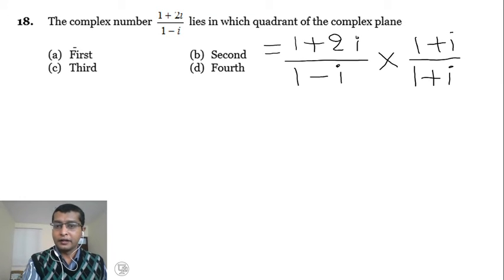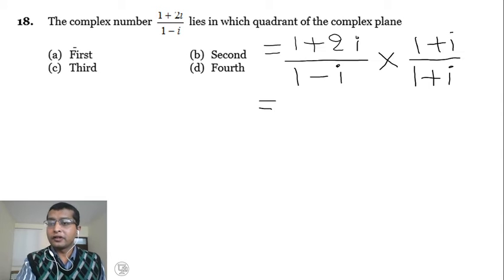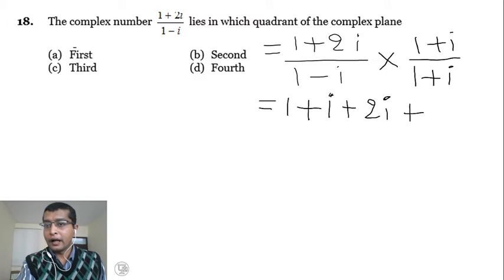Now see, we have to simplify. 1 is multiplied with 1 plus i, we get 1 plus i. So next 2i is multiplied with 1 plus i, we get 2i into 1, 2i. Yes, next plus into plus plus, 2 into 2i into i, 2i square.